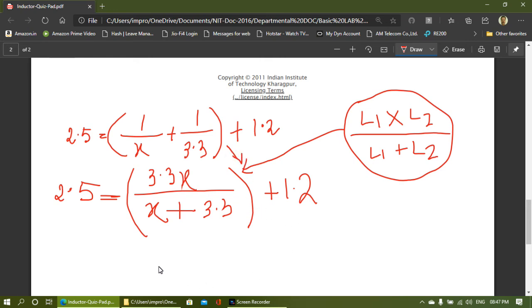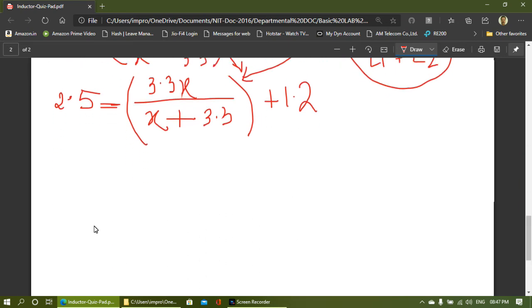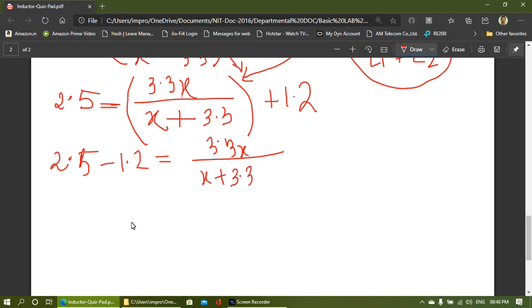Okay, so now if we take this 1.2 value to the left hand side, then we can write 2.5 minus 1.2 is equal to 3.3x by x plus 3.3.